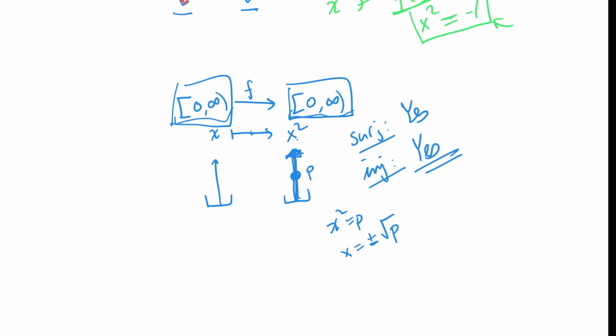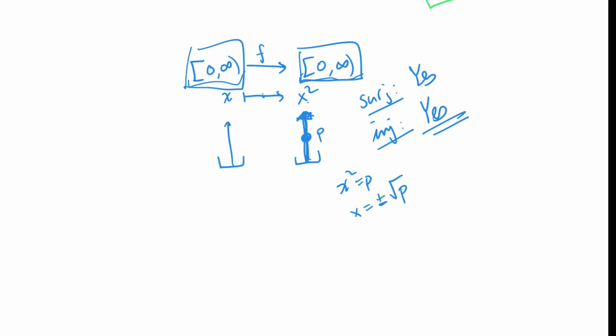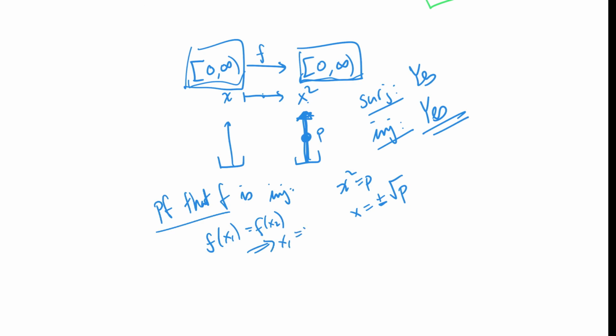Now, to see injective in another way, actually using the definition to prove it, let's do that. Proof that f is injective. In order to prove that, I need to show that if f of x1 equals f of x2, that implies x1 equals x2. So what I do is I apply f to x1 and x2.